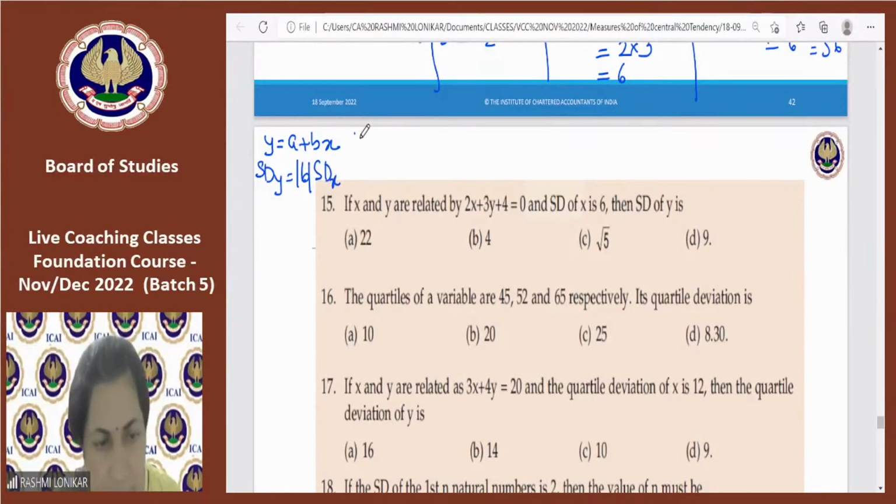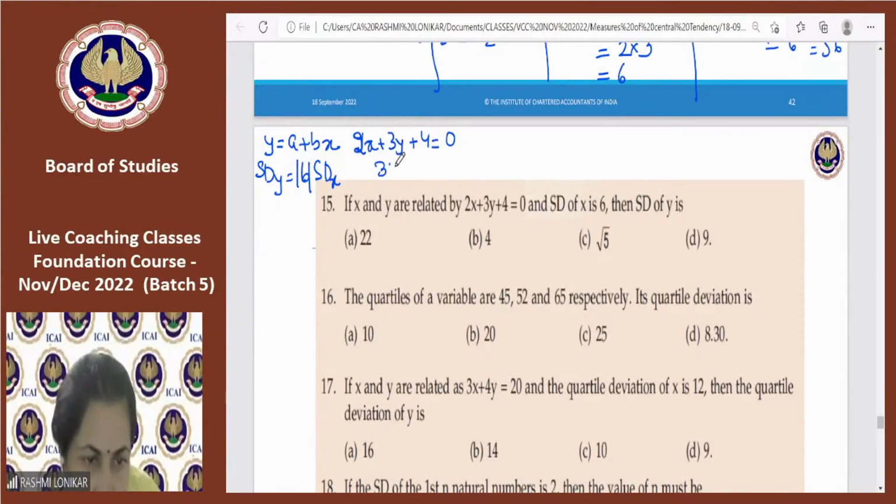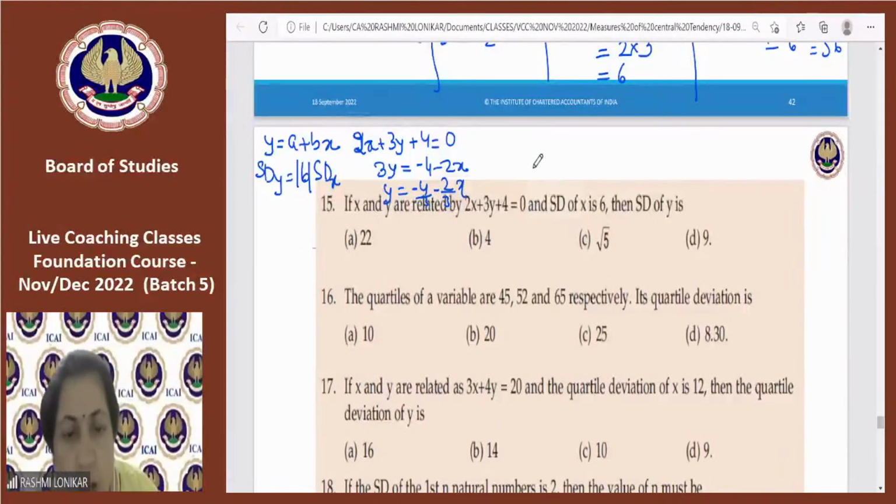Now I have the equation 2x plus 3y plus 4 is equal to 0. So 3y is equal to minus 4 minus 2x, and y is equal to minus 4 upon 3 minus 2 upon 3 into x. And standard deviation of x is 6.